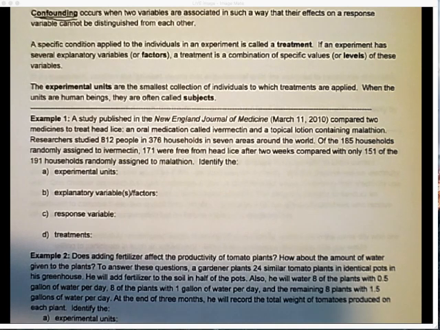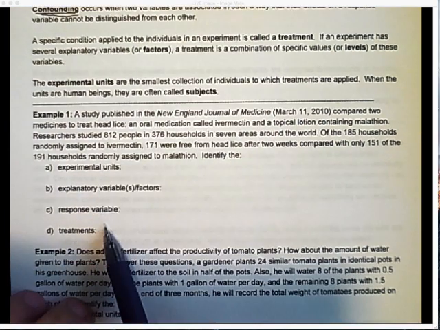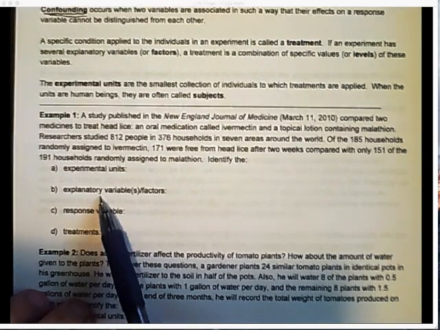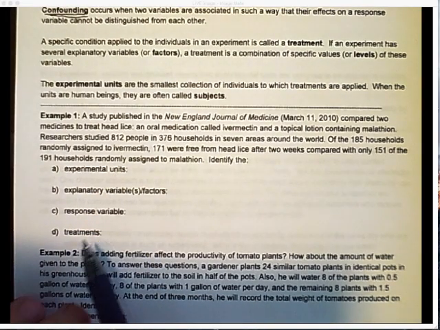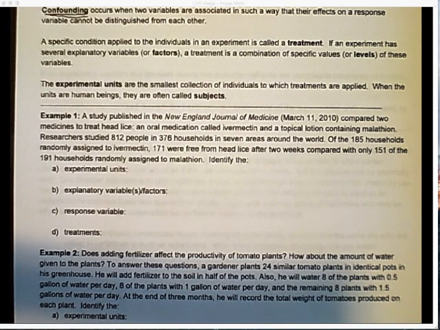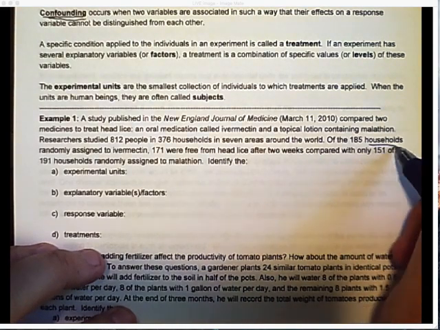Identify the experimental units. We have to read this and identify these things. You might first think that the experimental units are the people, but the results they give us have to do with households.